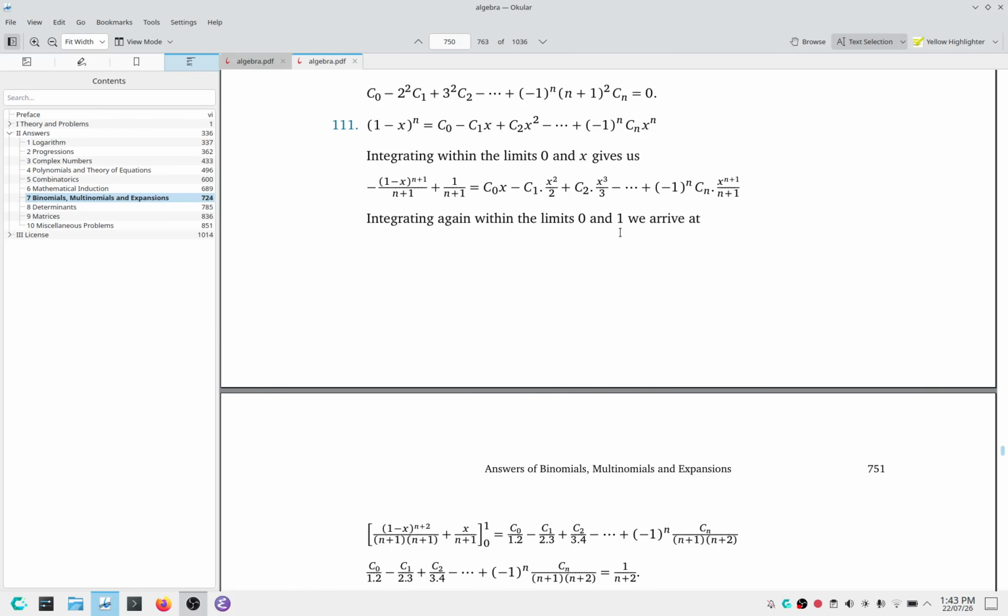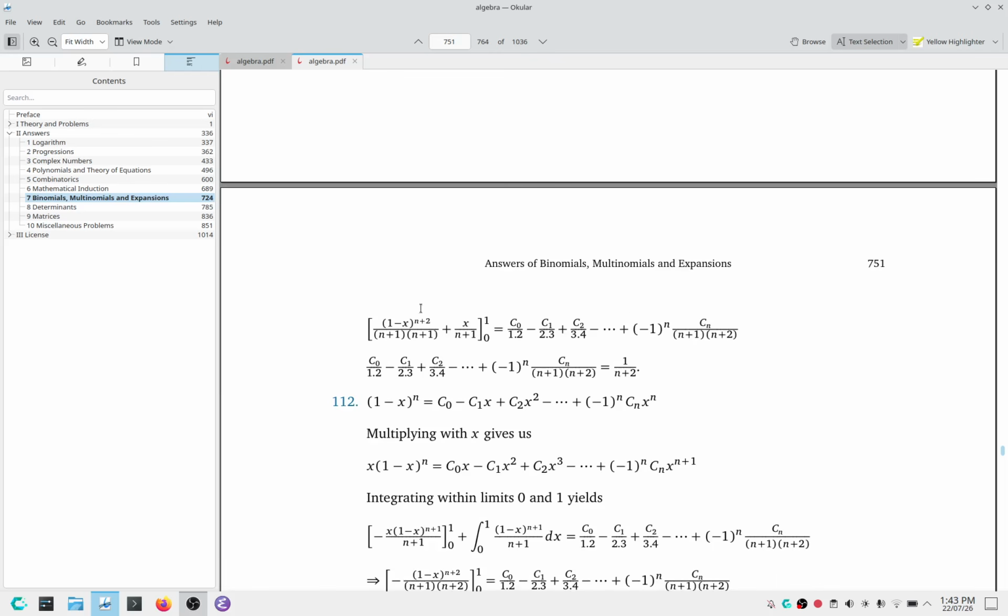We integrate within limits 0 and 1 once again. We get 1 minus x to the power n plus 2 upon n plus 1 times n plus 2, plus x upon n plus 1.